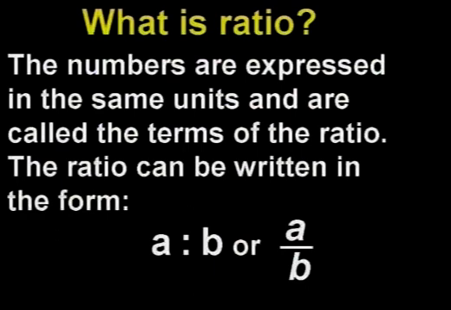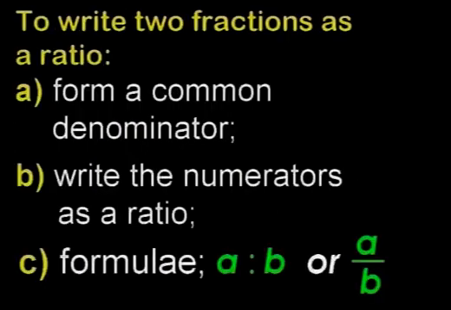We will now have a look at one example where comparing comes in. Or before we go on to that, let's look at the three main rules or steps that we are to follow when we are writing ratios as fractions. To write ratios as fractions or fractions as ratio vice versa, A, form a common denominator.